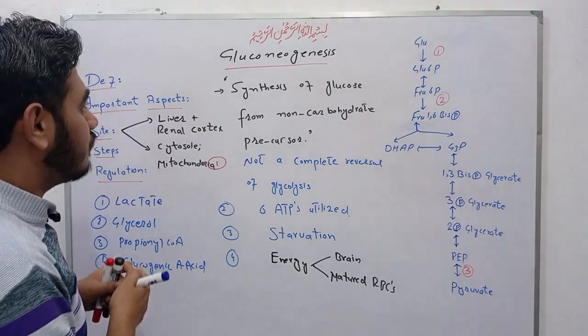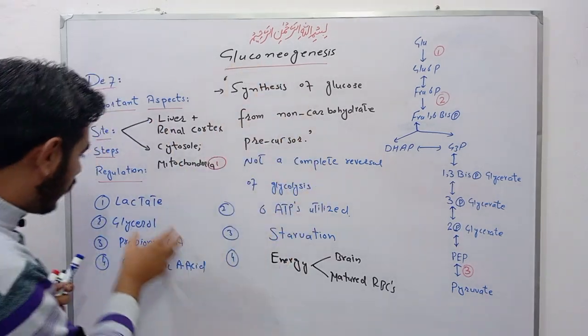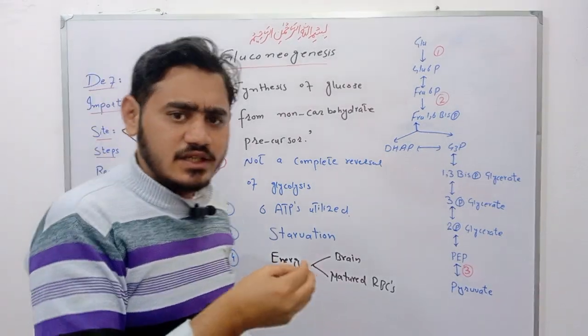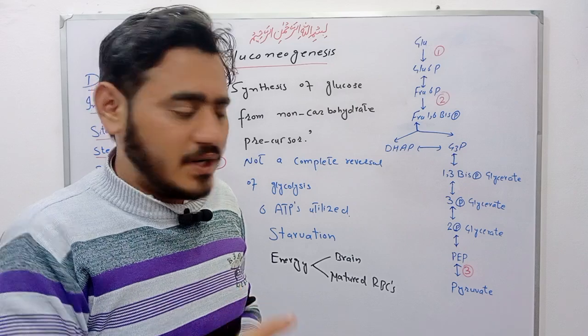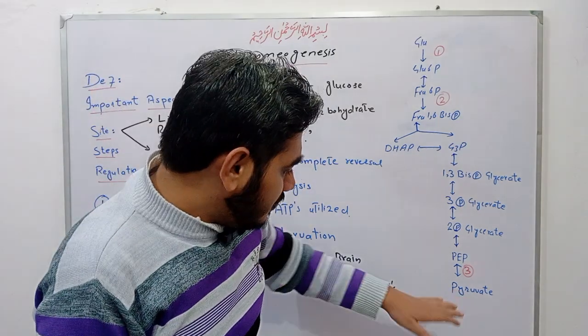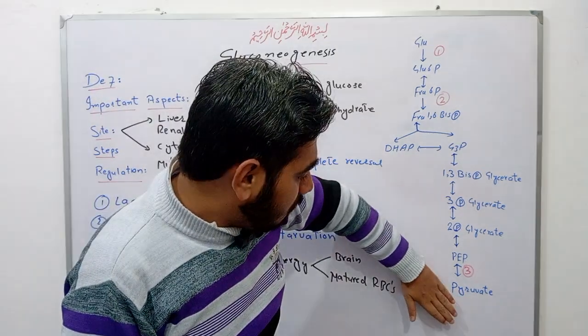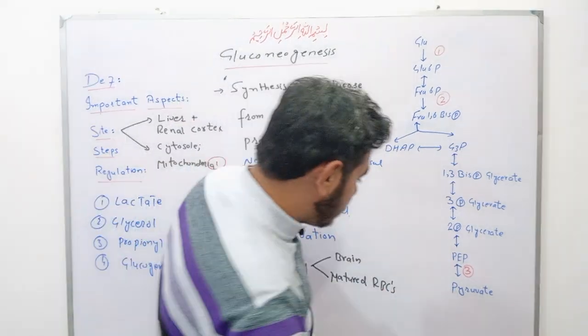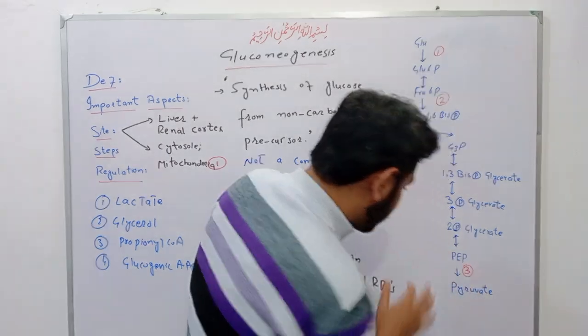Before the discussion of gluconeogenesis from these four non-carbohydrate precursors, let's see the common pathway. In this pathway, we discuss how pyruvate converts into phosphoenolpyruvate. Sorry, this is an irreversible reaction.